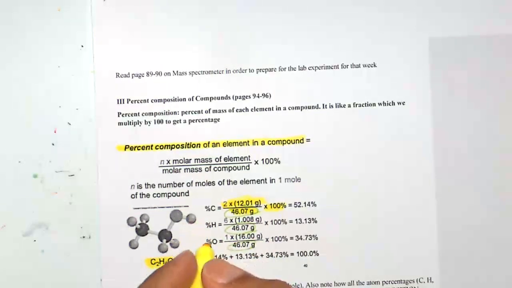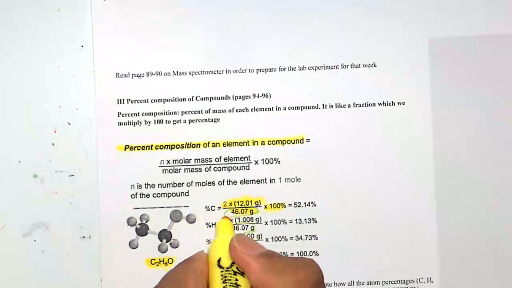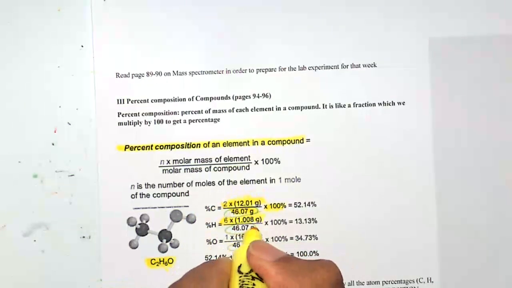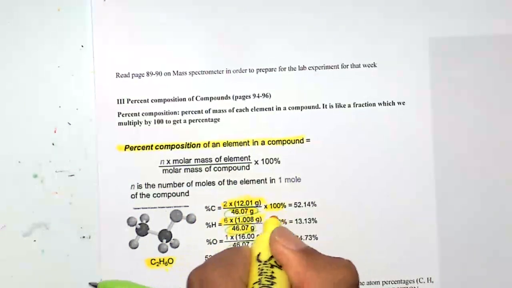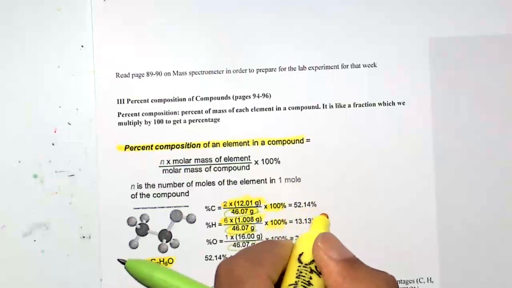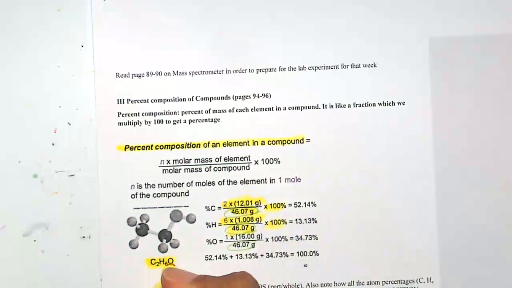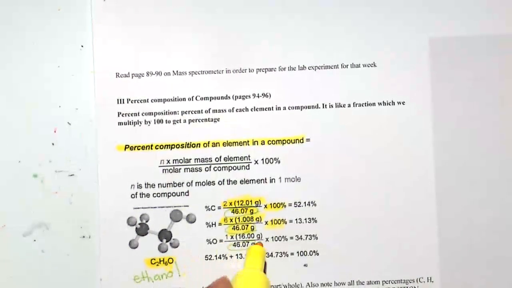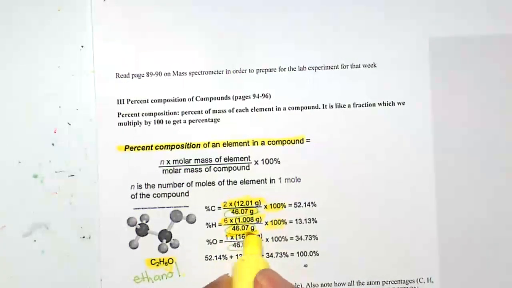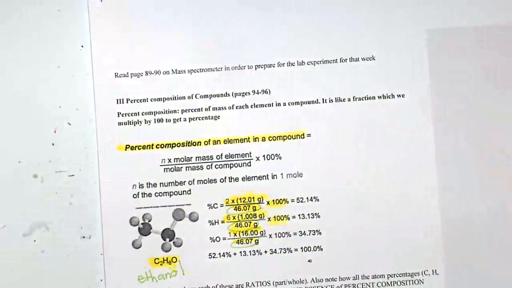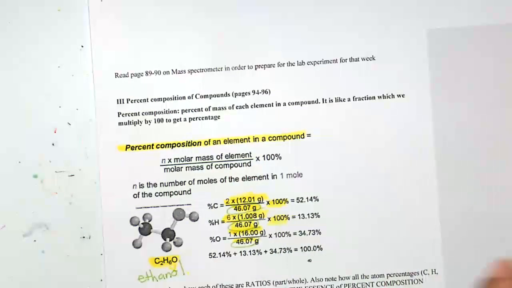So percent hydrogen: we have 6 hydrogens, each one is 1.008 grams. That divided by the total, multiplied by 100, gives the percent hydrogen. There's 1 oxygen in ethanol. The oxygen weighs 16 grams, divided by the whole thing, which is 46.07, the molecular weight, multiplied by 100.